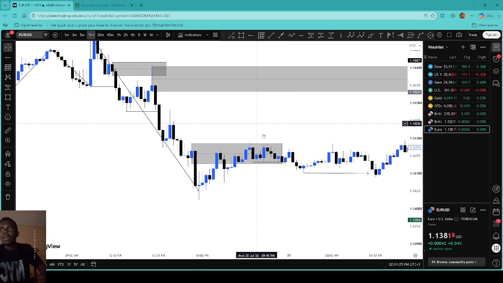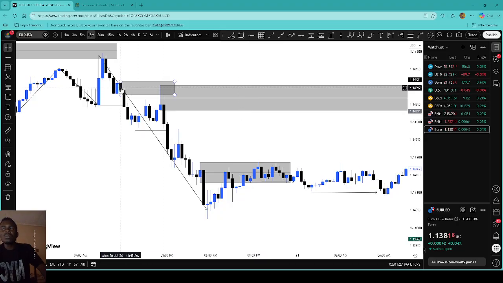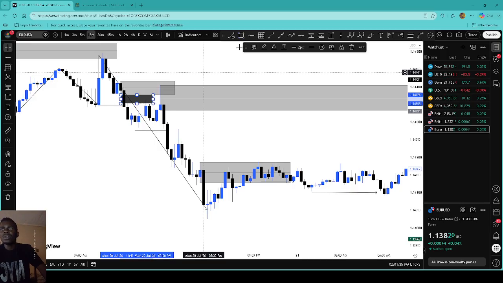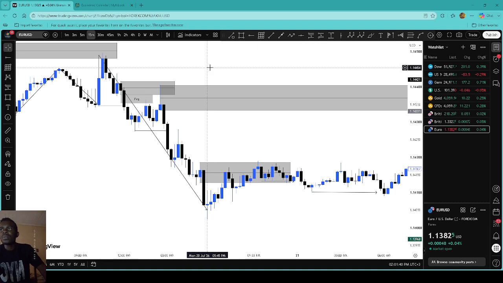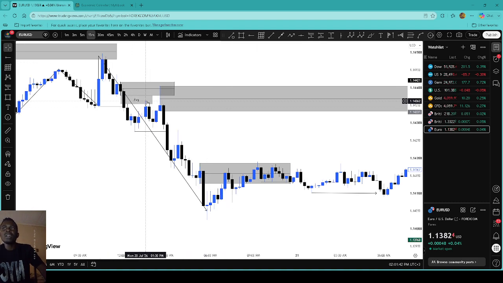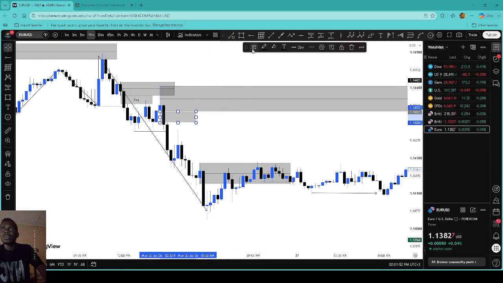We have this bearish order block over here, and then we have a fair value gap in it here. You can see there's a gap there. So now this one becomes an imbalance or a fair value gap. Again, if we come back here, you can see we have another fair value gap on it.